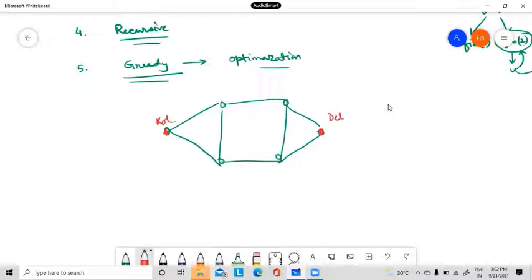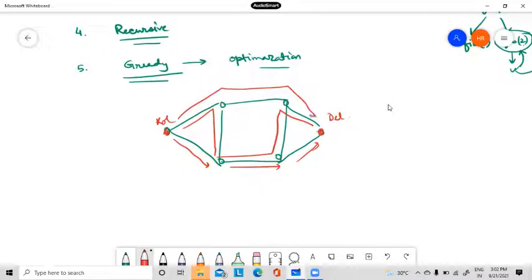I can reach Delhi via this route, or via this route, or via this route. So there are different possible routes. Among these routes, which one is the minimum or optimized route with respect to time, space, or cost?